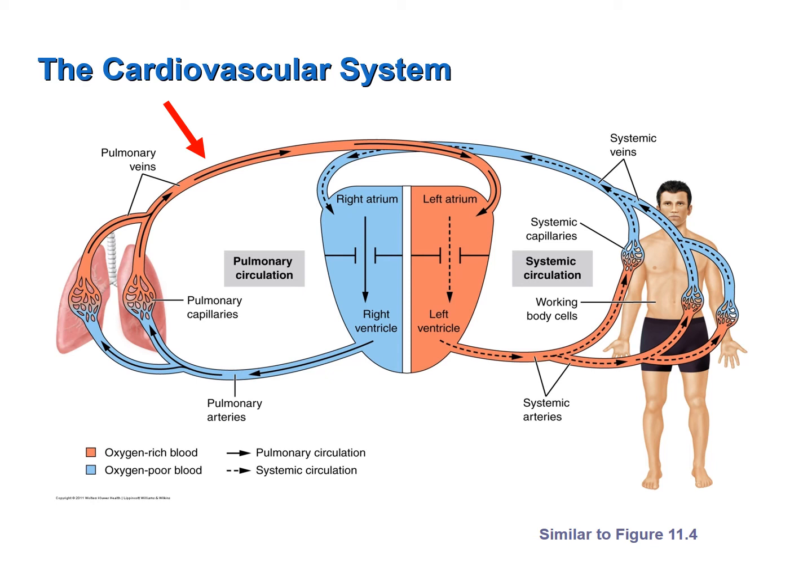There, oxygen is loaded onto the blood and carbon dioxide is unloaded from the blood, forming oxygen-rich or oxygenated blood. This oxygenated blood is then transported back to the heart through pulmonary veins. The pulmonary arteries, pulmonary capillaries, and pulmonary veins constitute the pulmonary circulation.